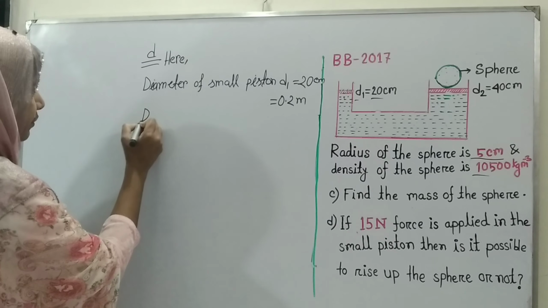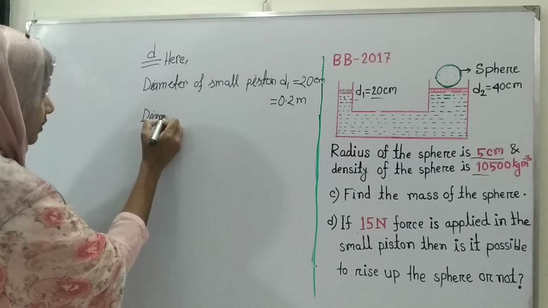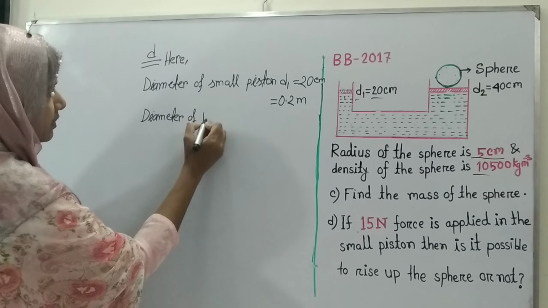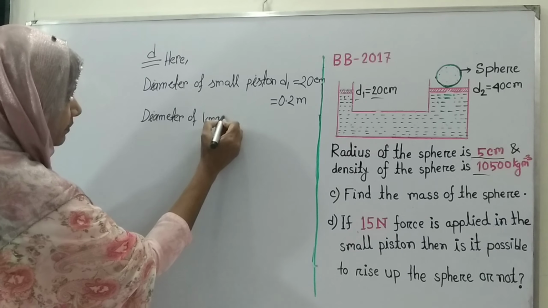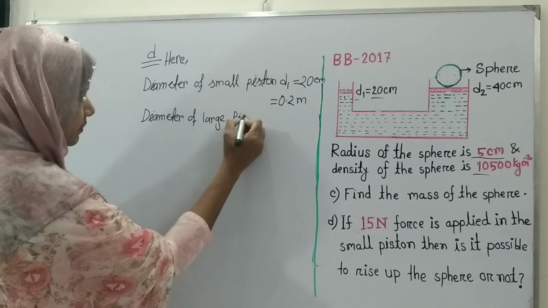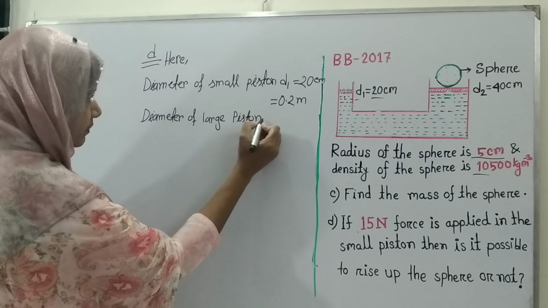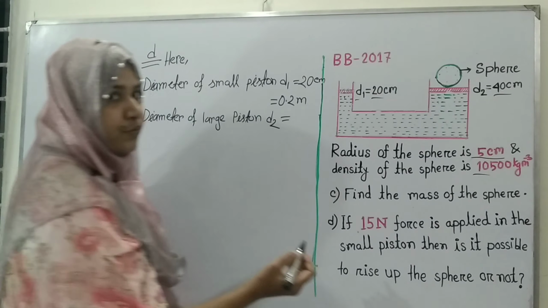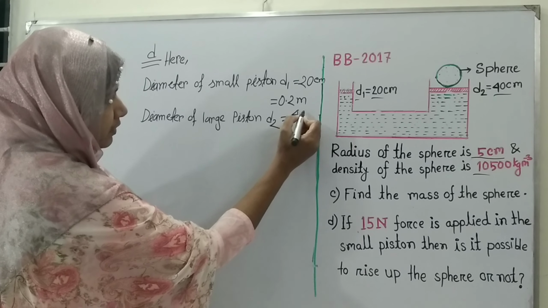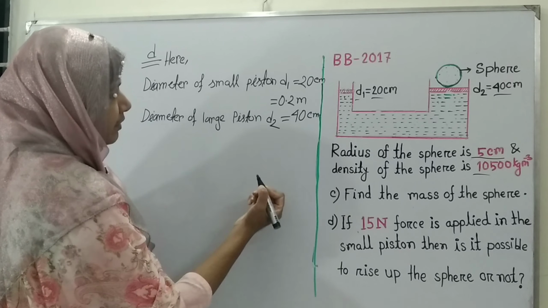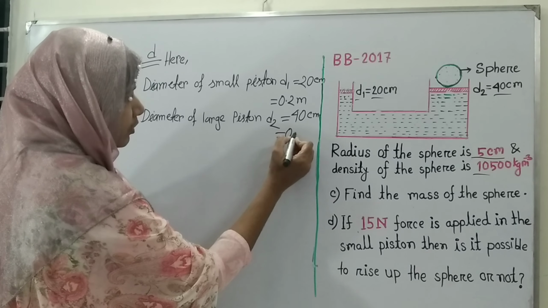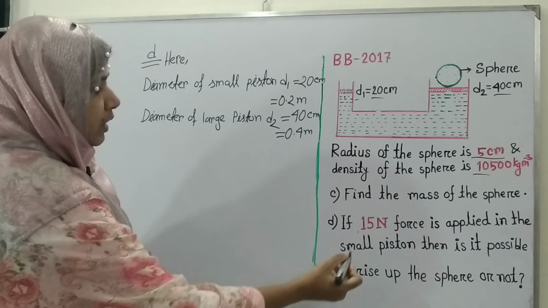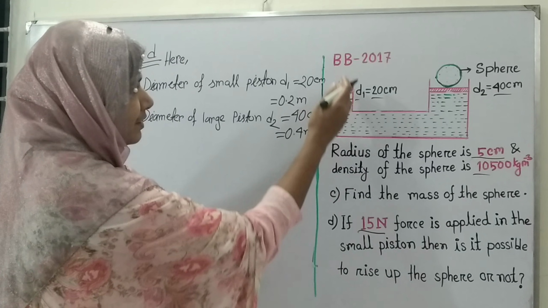Now the diameter of the large piston D2 equals, here you can see, 40 centimeter, that means 0.4 meter.